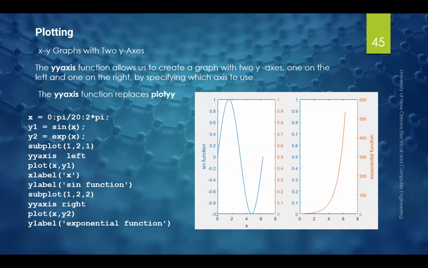For the next plot, which I'm putting in the second location, this orange line here, I'm defining the y-axis to the right. I'm saying this axis now is going to fall on the right-hand side, and I'm saying plot x, y2, which is the exponential function, and labeling that y-axis as exponential function.